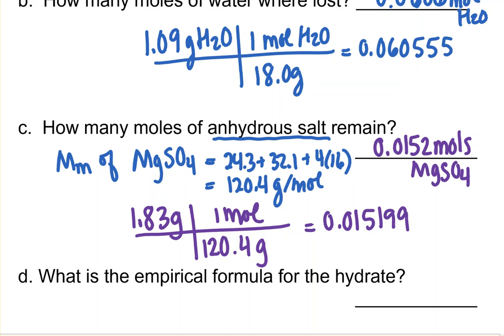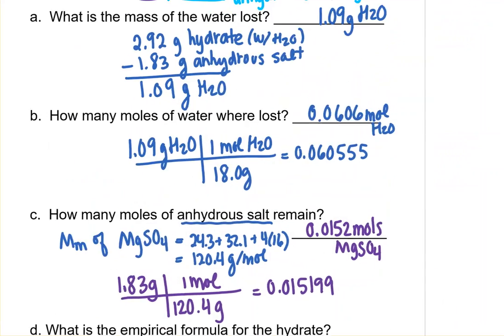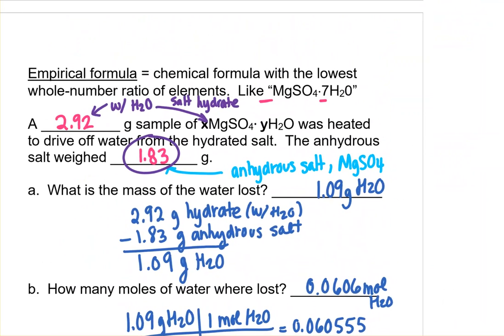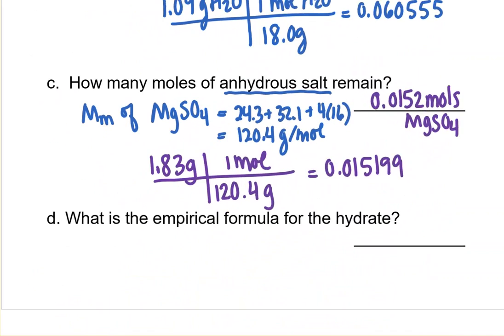Okay, and so now from the original crystal, I have a mole ratio. And that's what we want. Those numbers, these numbers here, those are a mole ratio and not a mass ratio. And so that's why we had to convert to moles on these.